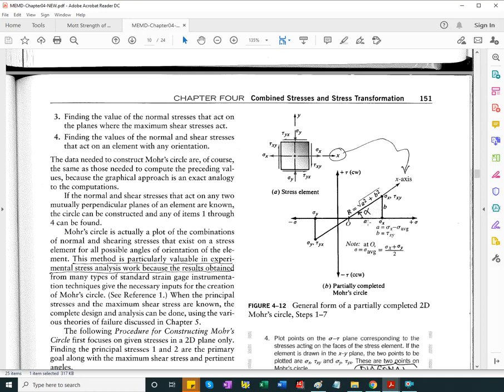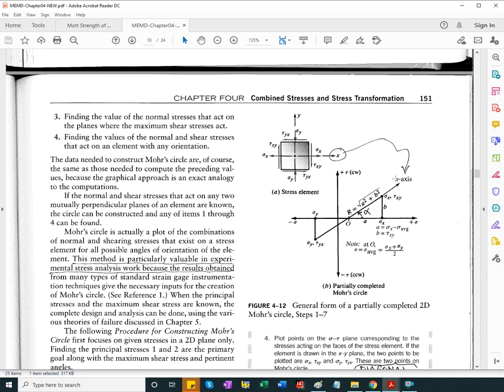The radius of the circle is the square root of a squared plus b squared, Pythagoras theorem. So we have two diametral points, and we can draw the circle, having the center and the radius known.